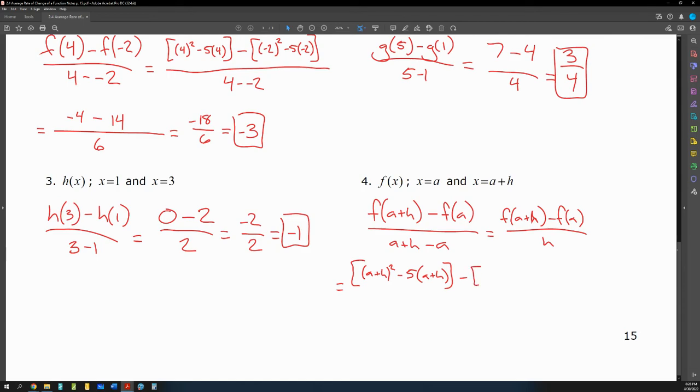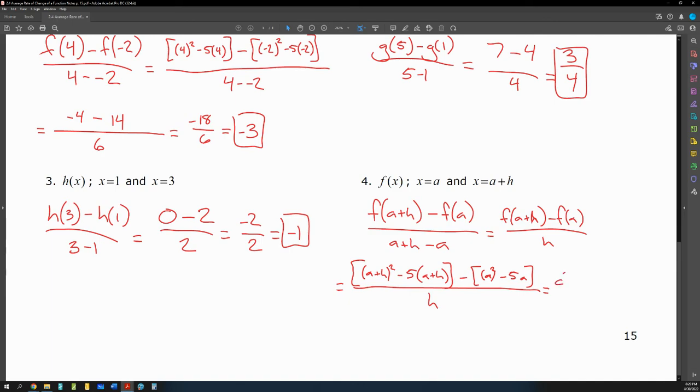Minus f of a is a squared minus 5a. Okay. And that's all over, again, just h in the denominator. So let's go ahead and clean this up a little bit. This first quantity squared, we can use the perfect square trinomial.